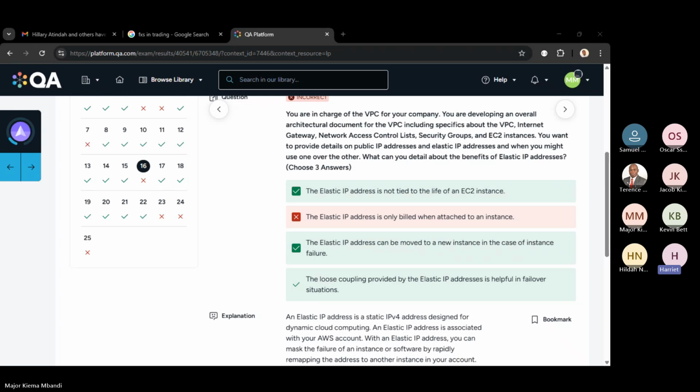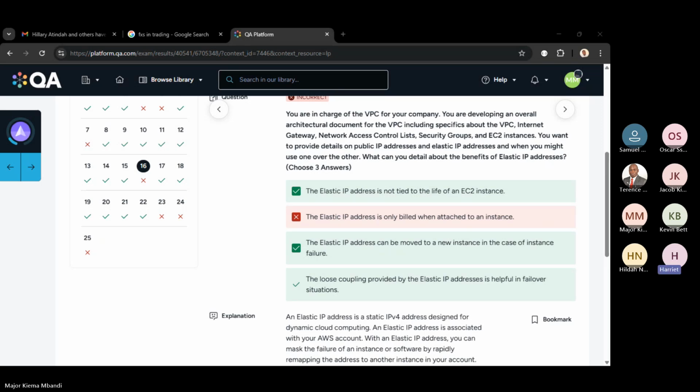You want to provide details on public IP address and elastic IP addresses, and when you might use one over the other. What can you detail about the benefits of elastic IP address?